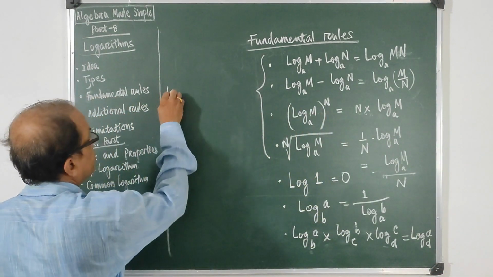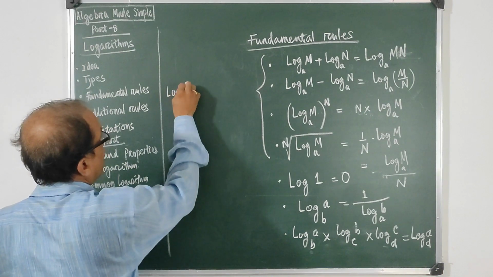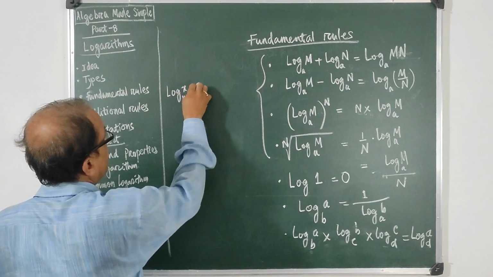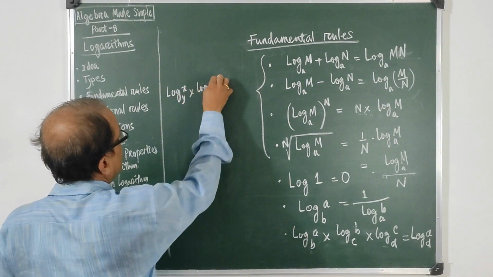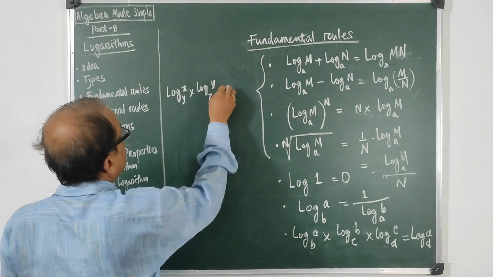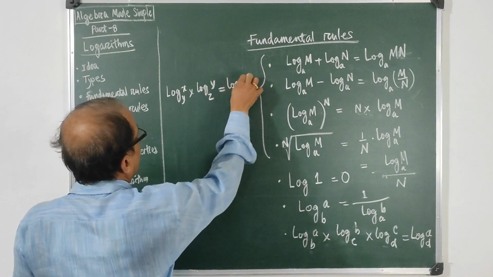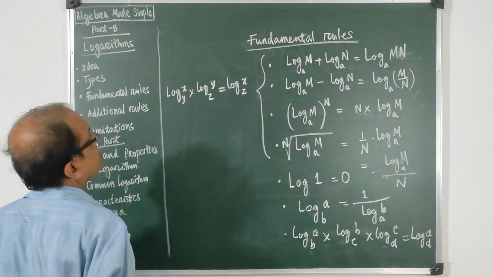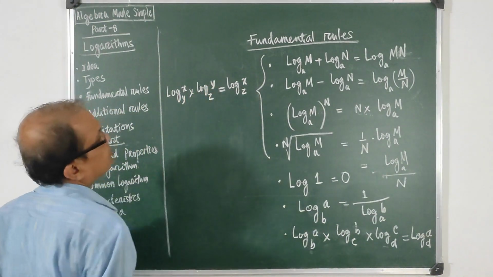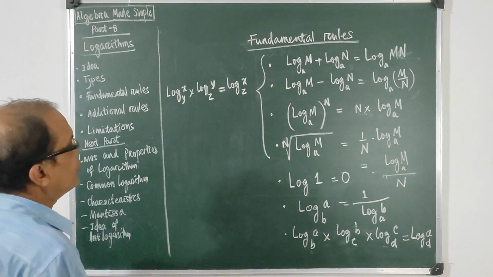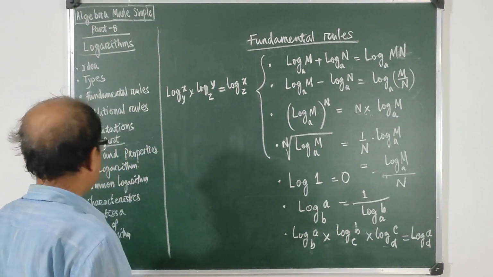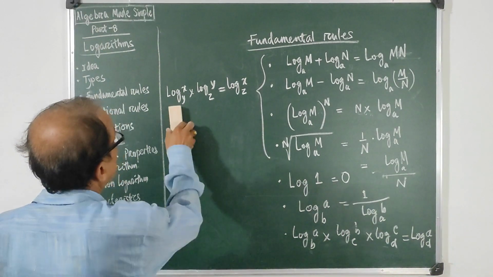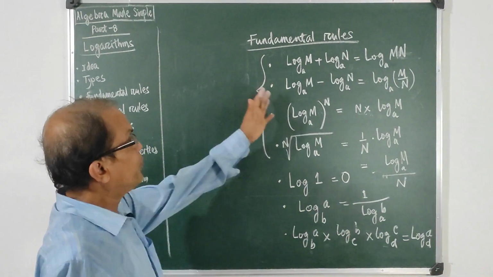One example of this: log x to the base y into log y to the base z will be equal to log x to the base z, as if these two cancel. So these are the laws of logarithm, and let us try to prove them.